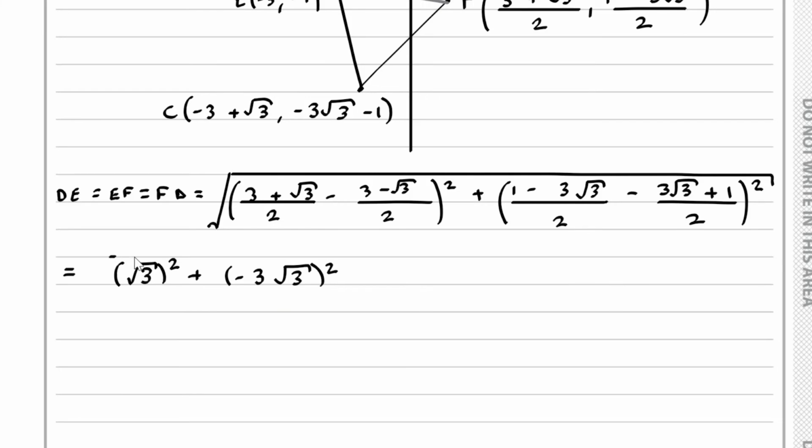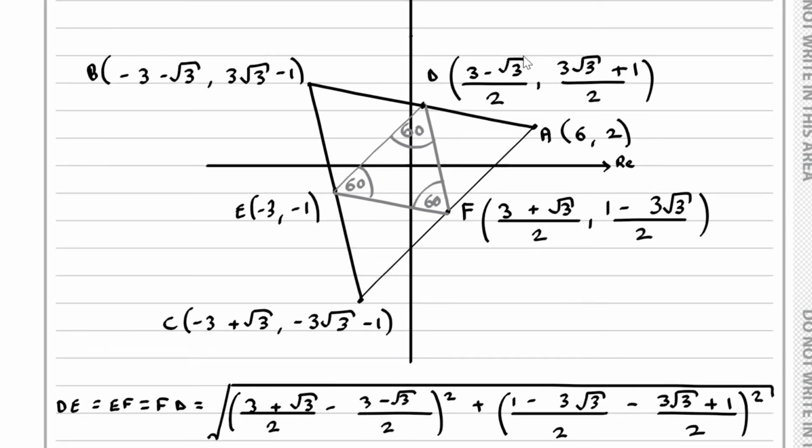And then we square root this. So if we work this out, we have 3 plus 27, square rooted, which is root 30. So what does that mean? We have root 30 here, root 30 here, and root 30 here.